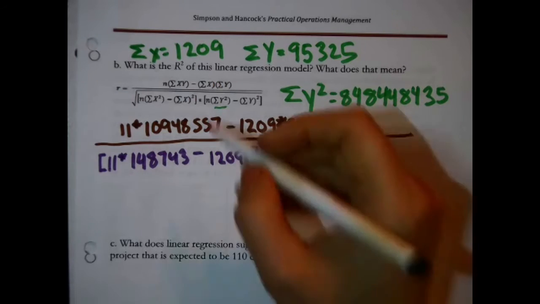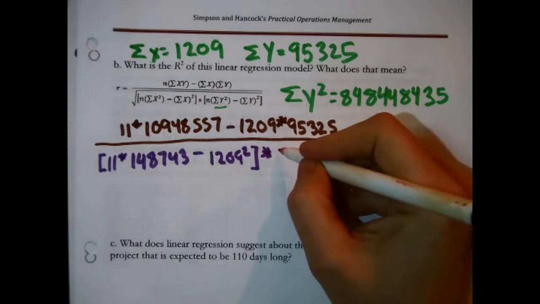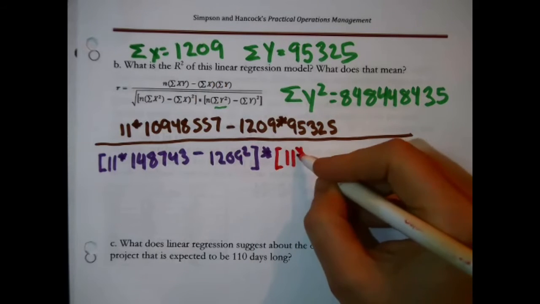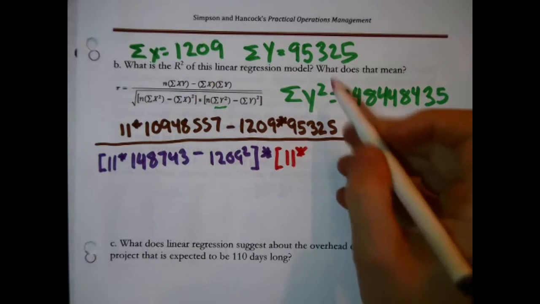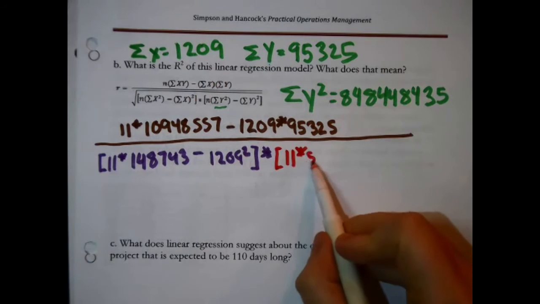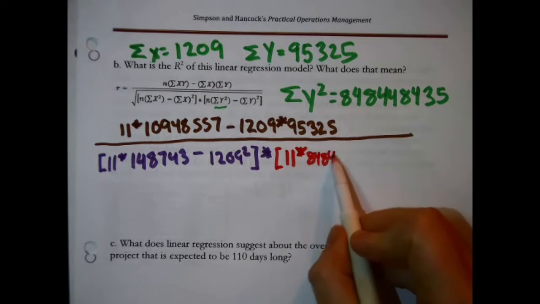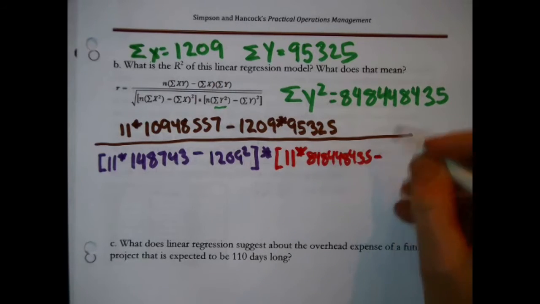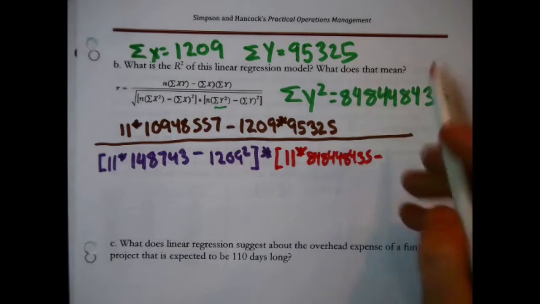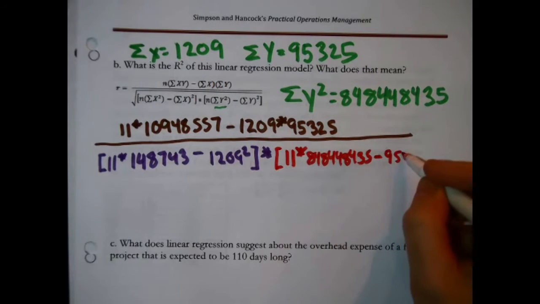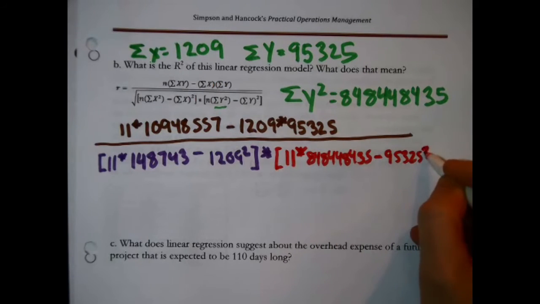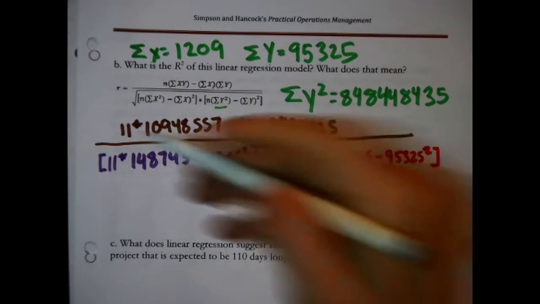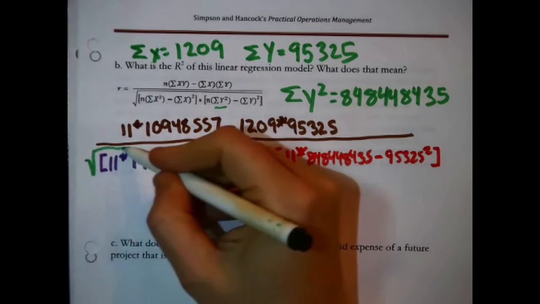Then the other expression in square brackets, 11 times the sum of y squared. See, I said we would need that. Oh boy. 848,448,435 minus the sum of y, there it is up there, 95,325, but square it. Oh, and when we are calculating this, we do need to remember that that whole thing is under a square root.